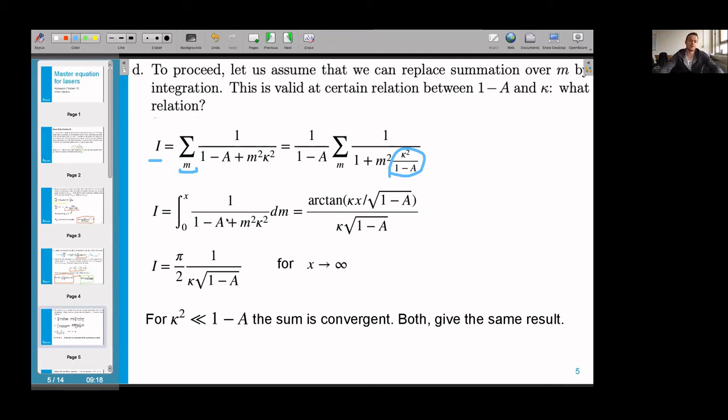Here we don't use the formula that is given at the end of the problem exercise. We simply replace the sum over m with an integral over dm, and here I integrate from 0 to x, and I will take later the limit of x going to infinity because we have infinitely many modes in this case. So here I have integrated this quantity for x modes, from 0 to x modes. We're going to use that later.